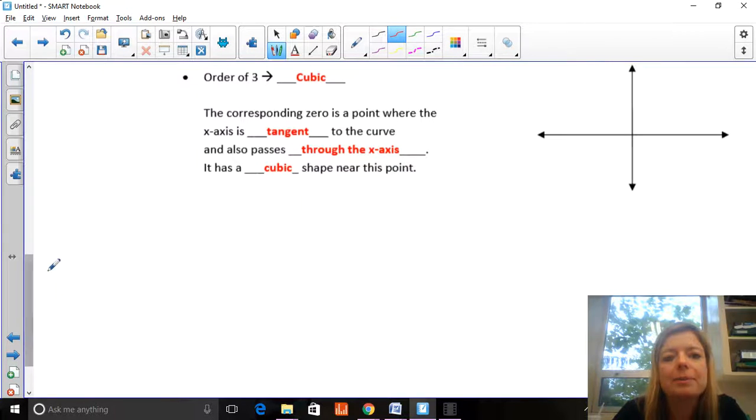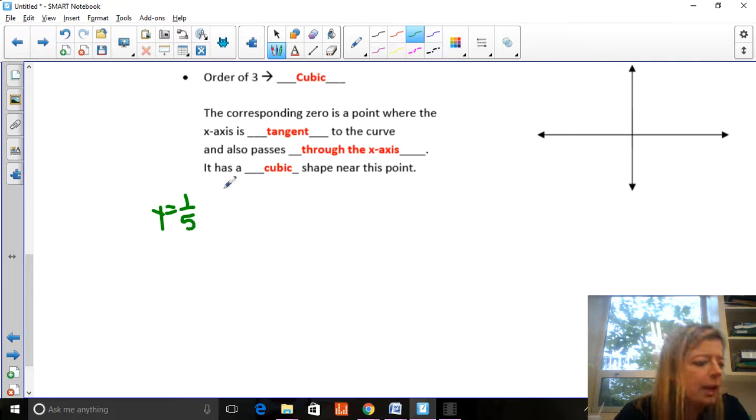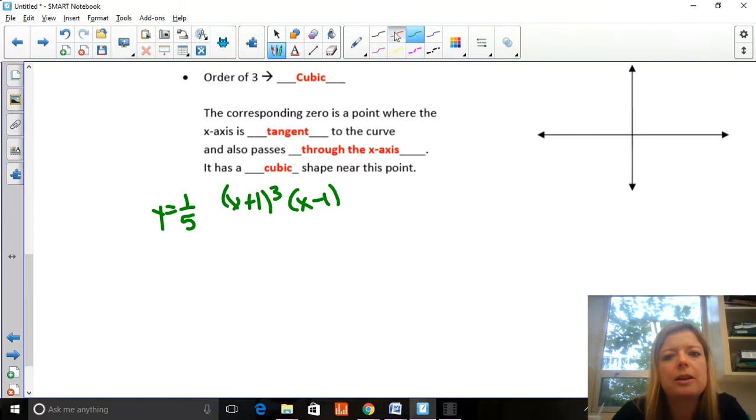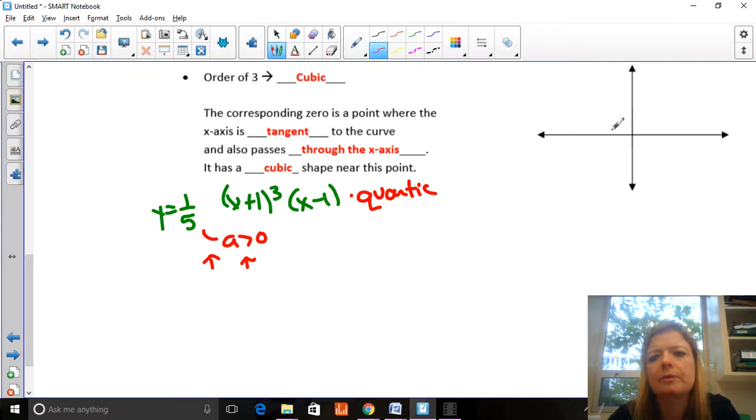Now you can guess what happens if the order is 3, it's going to look cubic. So if we have the function y equals 1/5 (x + 1)^3 (x - 1), notice that this is a quartic function with a positive leading coefficient, so it's going to start going up and it's going to end going up.